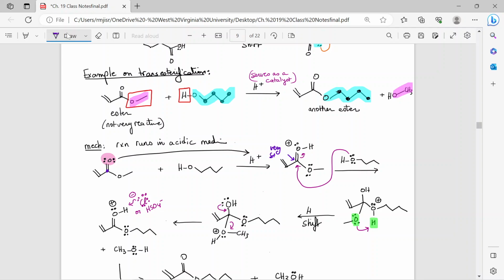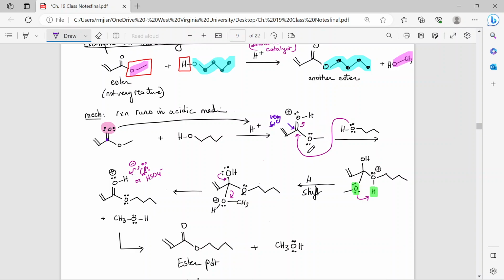And to make the sp2 carbon very partial positive, you have to introduce an oxygen with a positive charge in there so that you can have more pull of electrons towards the oxygen. That's going to leave this carbon in desperate need of electrons.